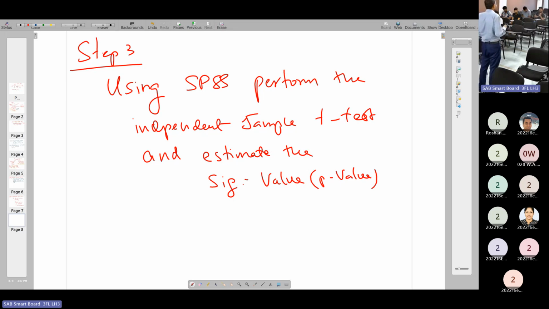Right. Then step number 3. Now we are almost there, there is only one step more. Step number 3 is what? Using SPSS, perform an independent sample t-test. Shall we do it together? Yes. So let's come now to this machine. This machine does not have SPSS itself.